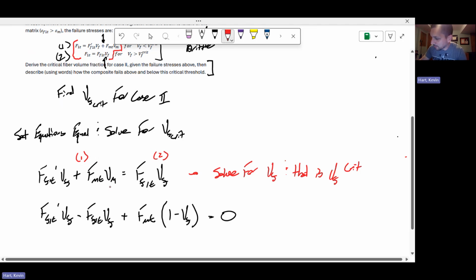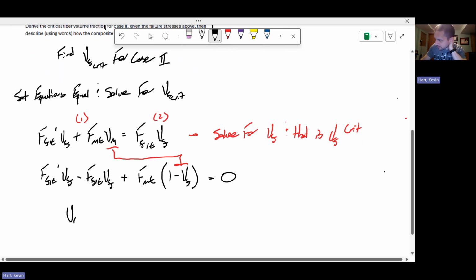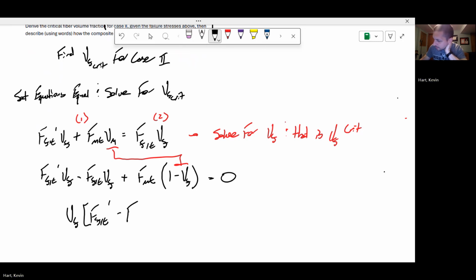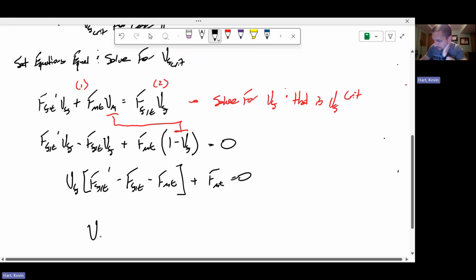All right, remember that the matrix volume fraction is 1 minus the fiber volume fraction. Okay. So let's extract all the VF terms here. So VF times F1T prime minus F1T, and then minus FMT, plus FMT equals 0. All right, so we solve for VF, which is going to be VF crit.